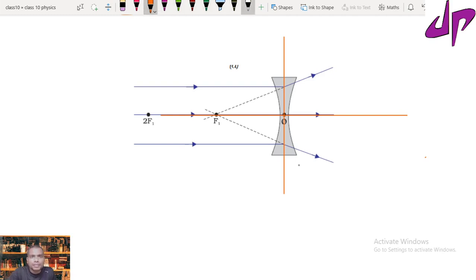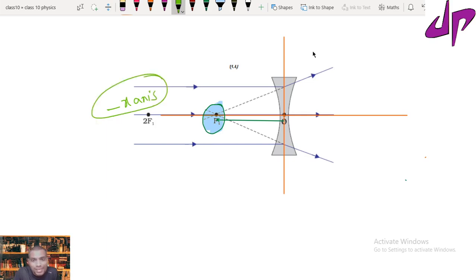So if I take the distance from the optical center to the focal point, now if you see, this point F1 is located along the negative x-axis. If it is along the negative x-axis, we will measure the focal length as a negative value.